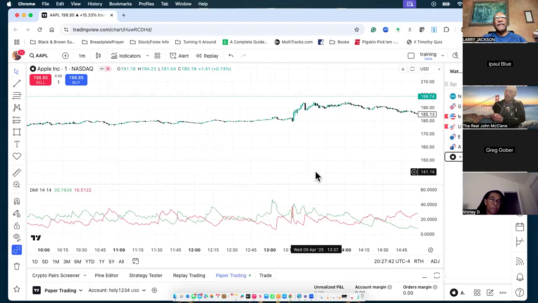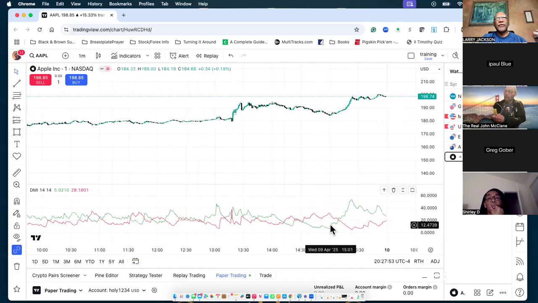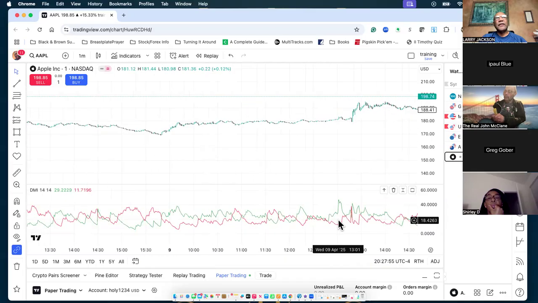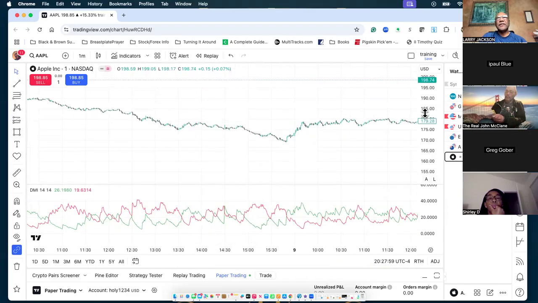Where the green crosses up over the red, you are now in an uptrend. And when the red crosses up over the green, you're in a downtrend. And it's really just that simple.